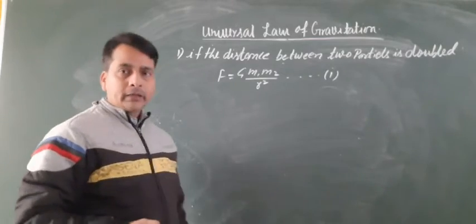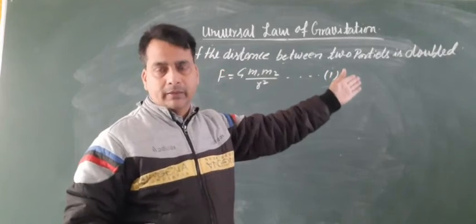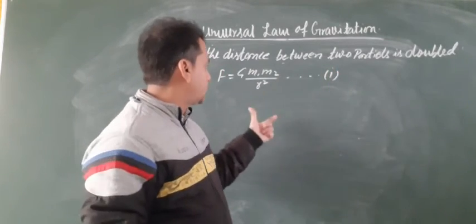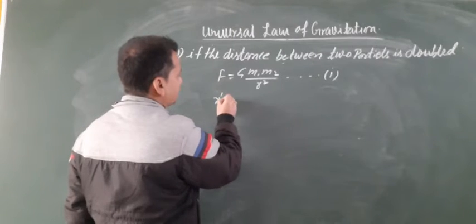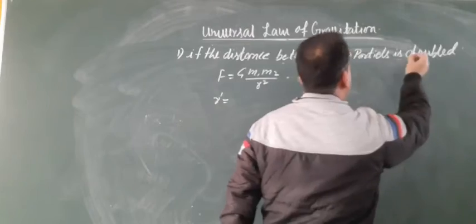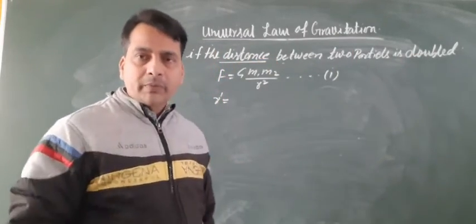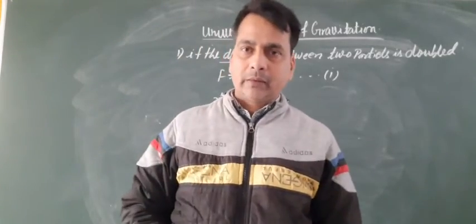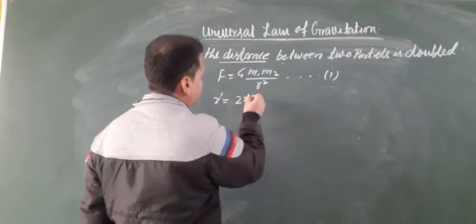Now according to this condition, if the distance between two particles is double, means new distance r dash equal to twice of the distance from their center. R dash equal to 2r.